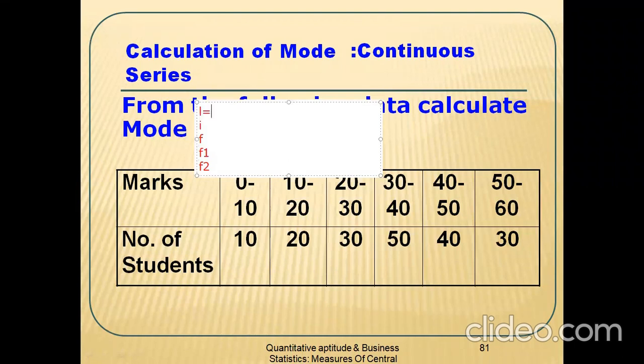The modal class is the one with frequency 50. The lower limit is 30 and the width of the class is 10. The frequency of the modal class F is 50, F1 is the prior, which is 30, and F2 is the succeeding, which is 40. So these are the five details which you require. Calculate mode and tell me the solution.